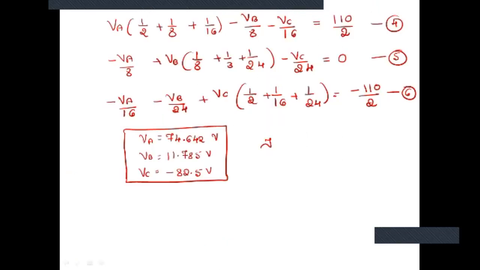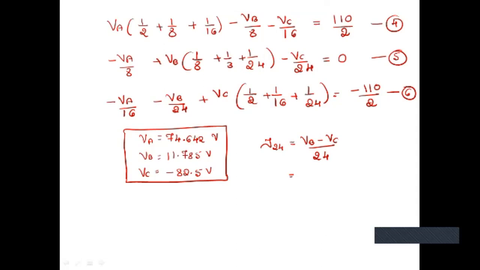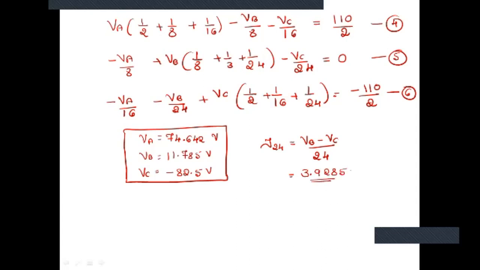Let me do the calculation quickly: 11.785 minus of minus 82.5, that is plus 82.5, divided by 24. So I'm getting the current as 3.9285 ampere.